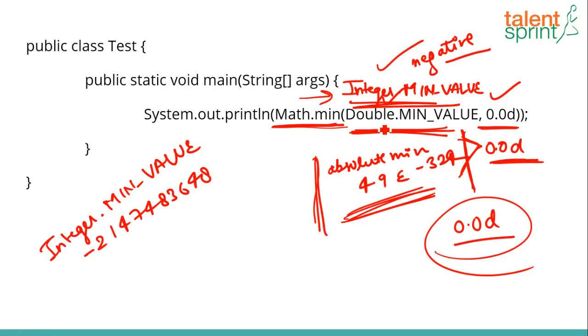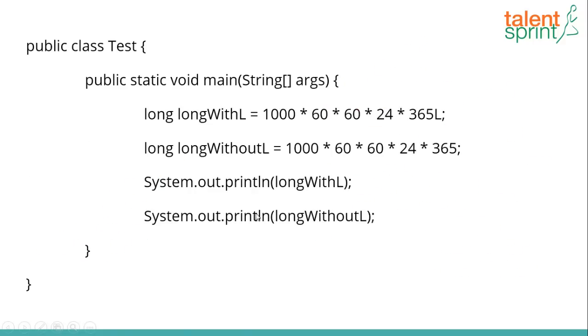So if in place of Double.MIN_VALUE we had Integer.MIN_VALUE, then the minimum would have been this. But since this is double, and double's MIN_VALUE is absolute, 0.0d is the minimum. Okay, moving on to the next question. I hope everyone understood this. This is related to long.